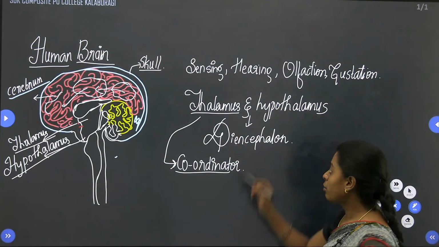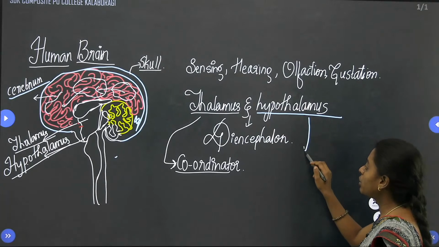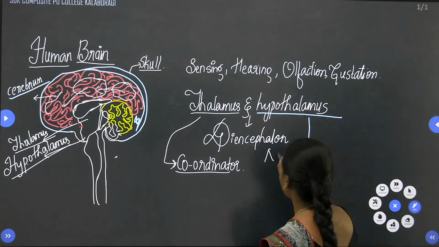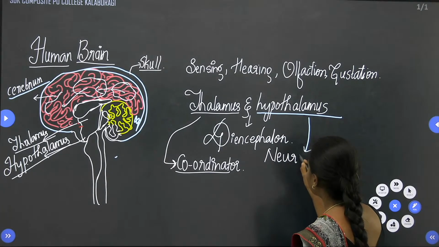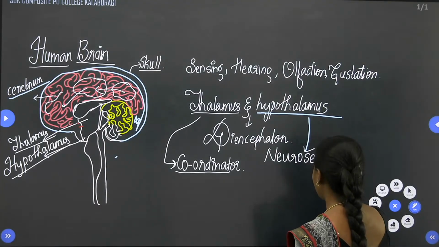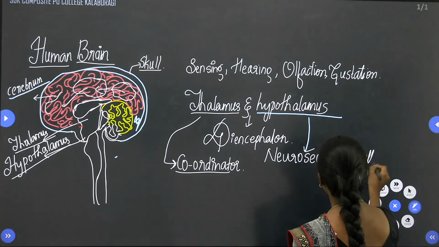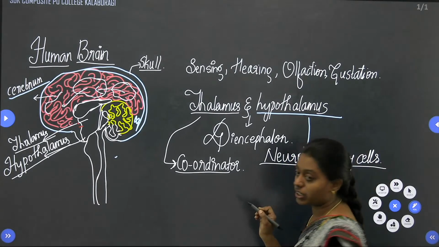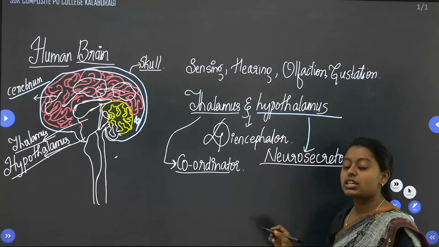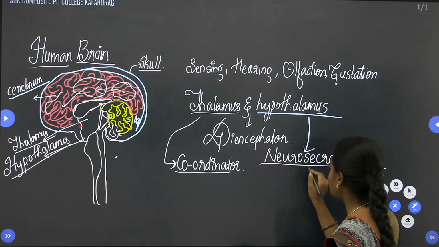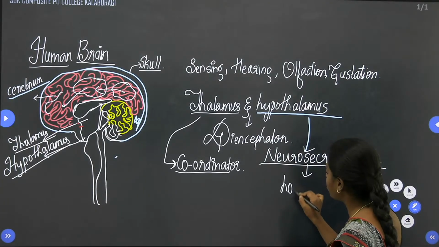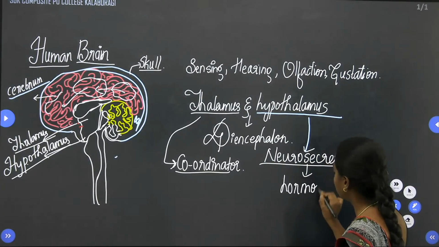Coming to the hypothalamus, it is made up of a large number of neurosecretory cells. These neurosecretory cells secrete some chemical compounds which we can call hormones.